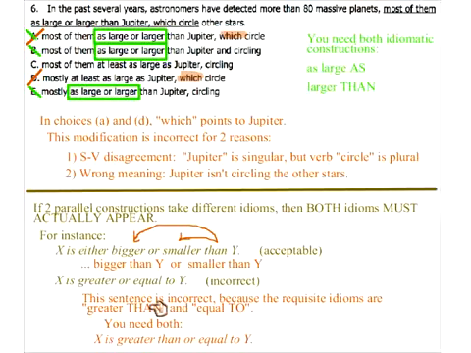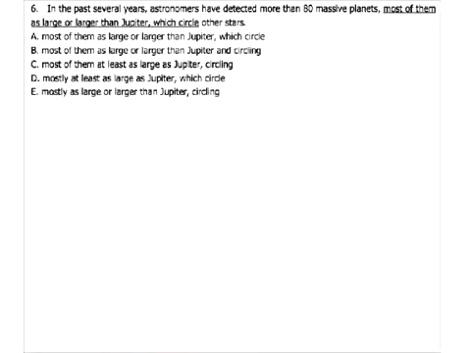"Most of them as large or larger than Jupiter and circling other stars." So let's talk about that question. Question is, is "and circling" correct? From the text box: not really, because it doesn't really make sense. It's grammatically fine.